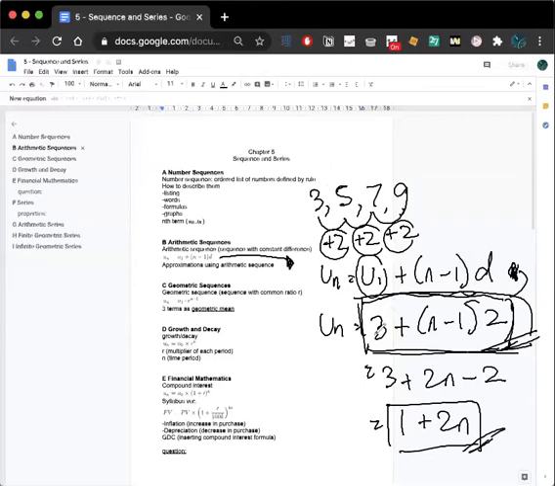So for example, if you have u1, it's like saying you discard this part, so you have 3. And for u2, it's like saying 3 plus 2 minus 1, so this becomes 1, right? 1 times 2.